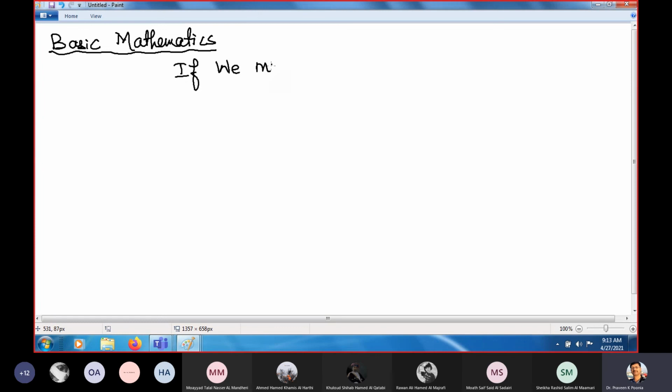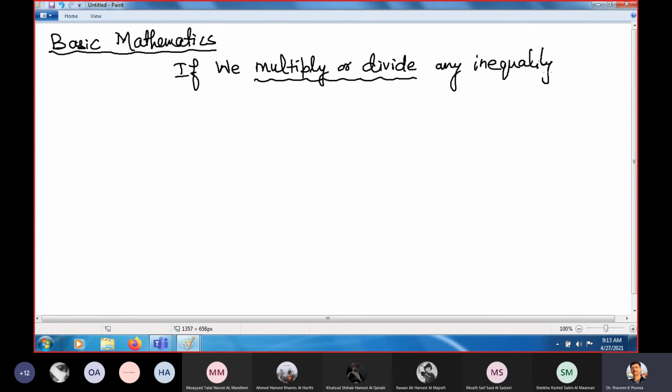If we multiply or divide any inequality by minus 1, by a negative number, then the greater than symbol changes into a less than symbol and the less than symbol changes into a greater than symbol.